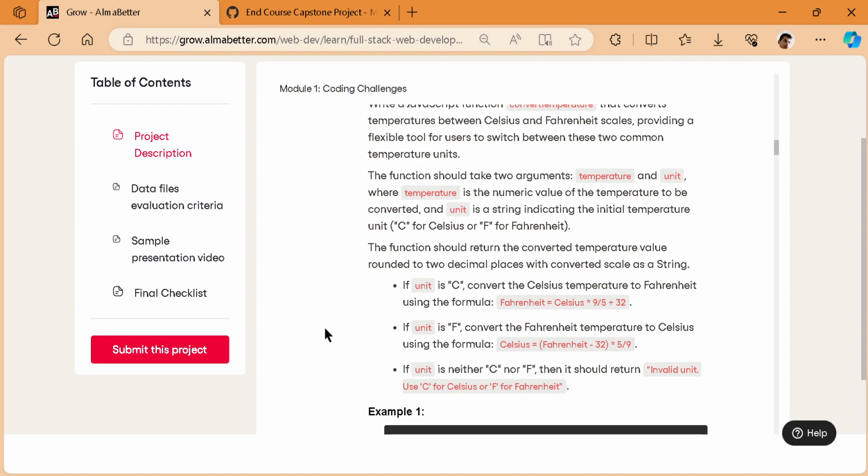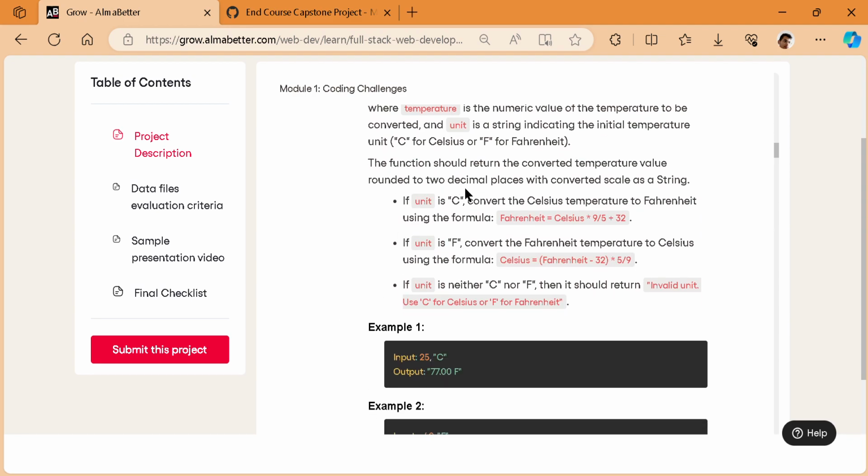Okay, we are getting two inputs. The first is temperature and the second is the unit. Temperature contains the numerical value and unit tells whether it is already given in Celsius or Fahrenheit. If it's Celsius, we have to convert it into Fahrenheit, and if it is Fahrenheit, we have to convert it into Celsius and return.